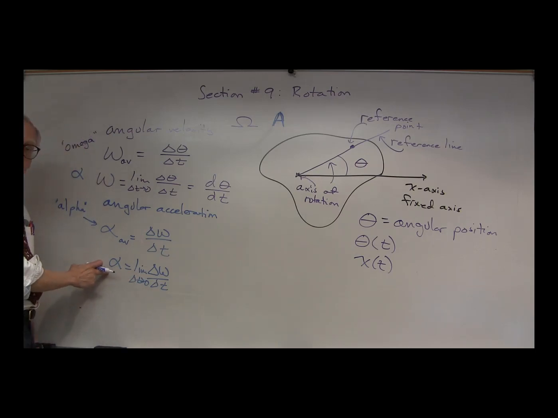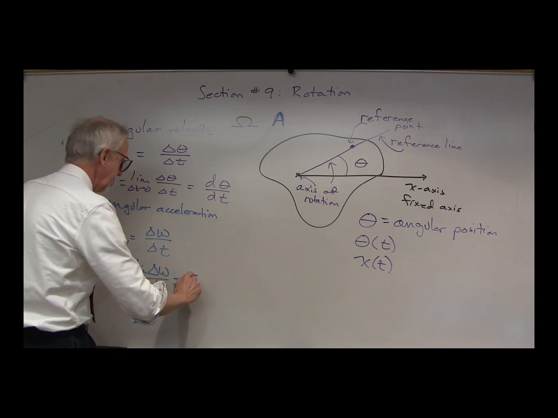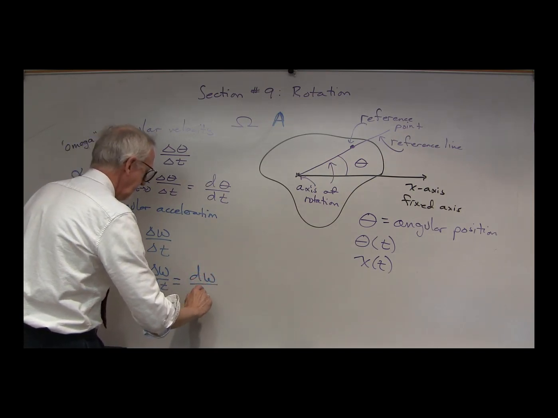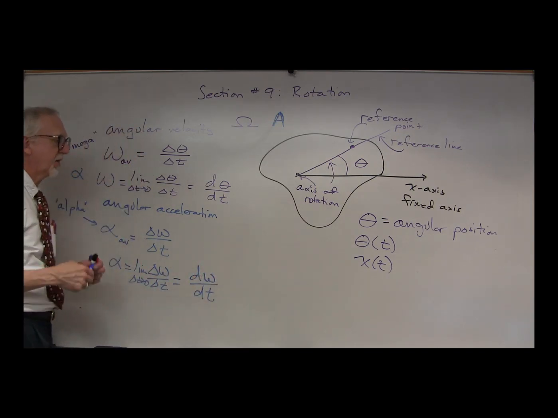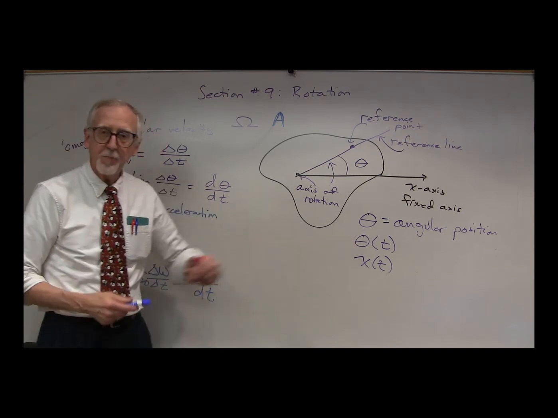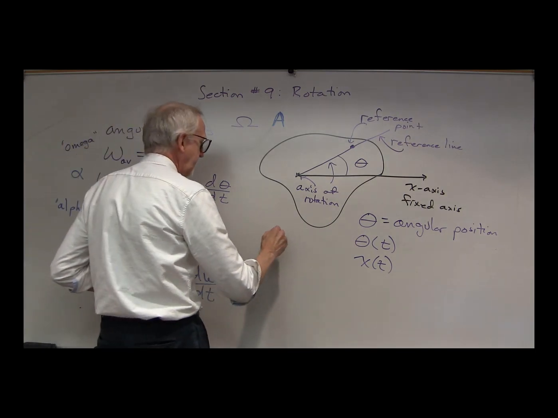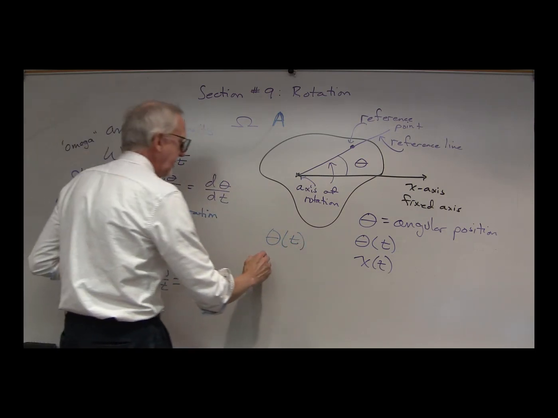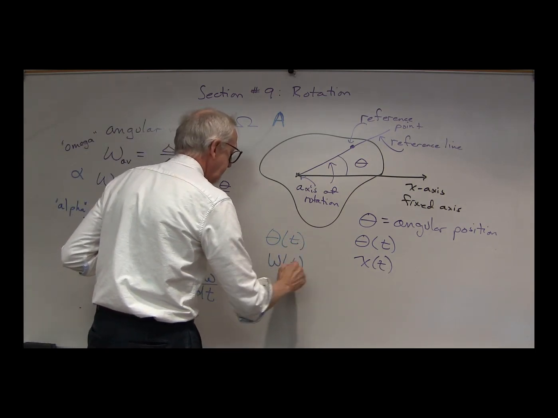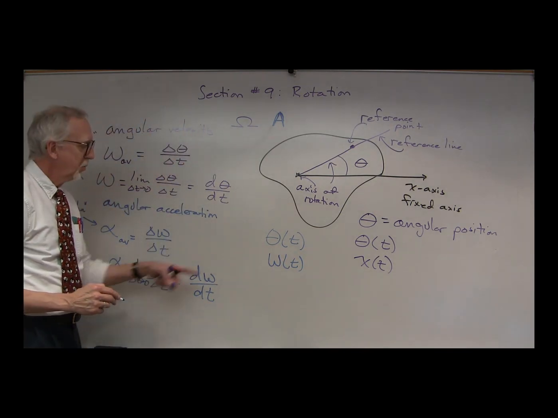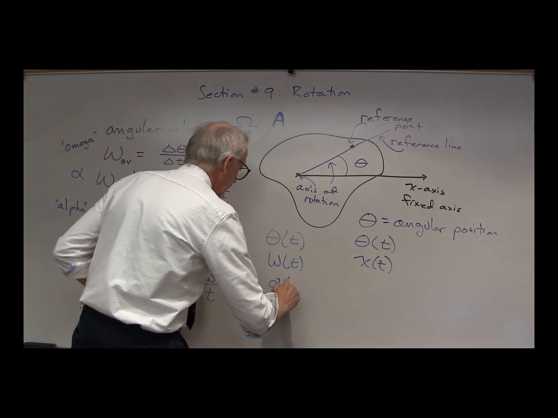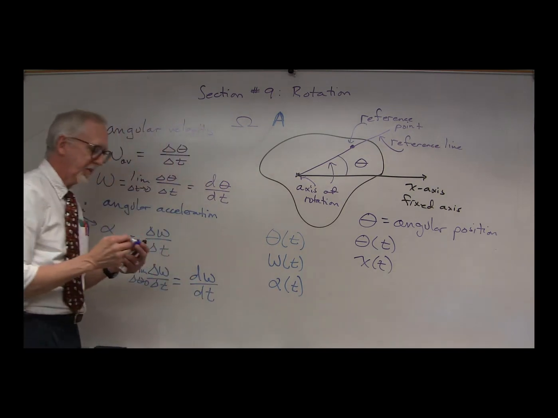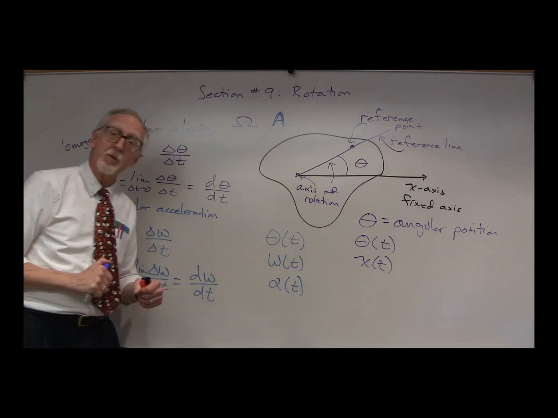And that would give us the instantaneous angular acceleration. And what is that? Well, that will be d omega dt. So if we have some time-dependent function of position, theta of t, we differentiate that once, and that gives us omega as a function of t, the angular velocity. We differentiate that, we get the angular acceleration as a function of t, etc., etc.